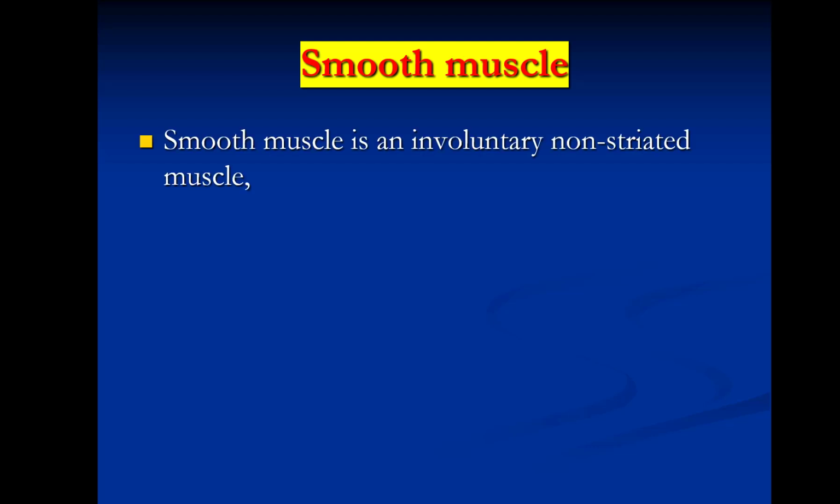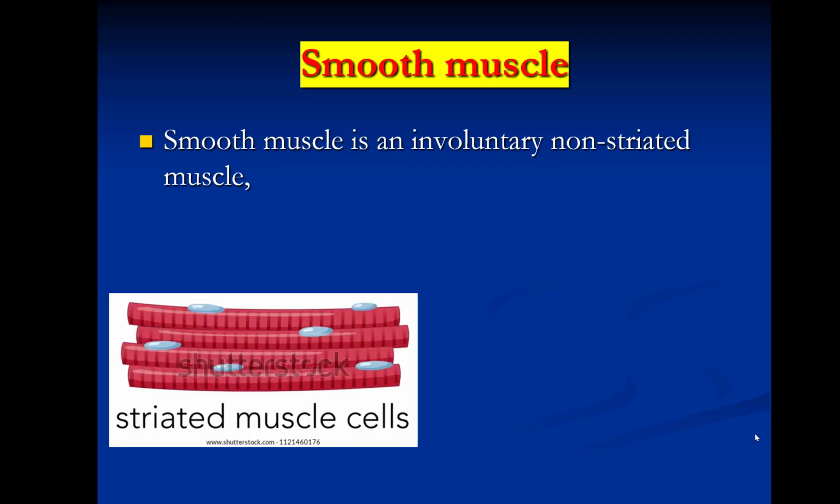Smooth muscle is an involuntary non-striated muscle. What do we mean by striation?